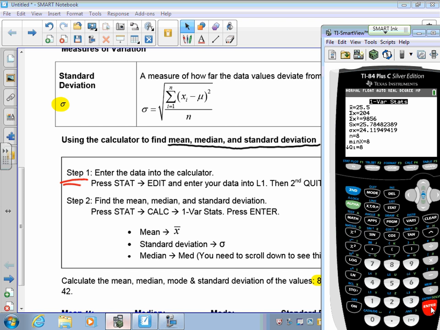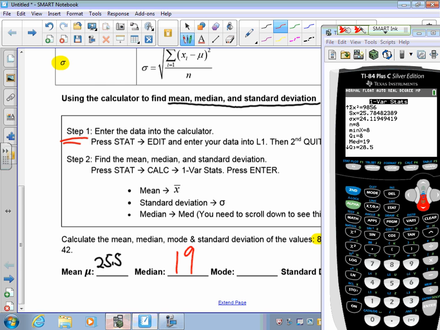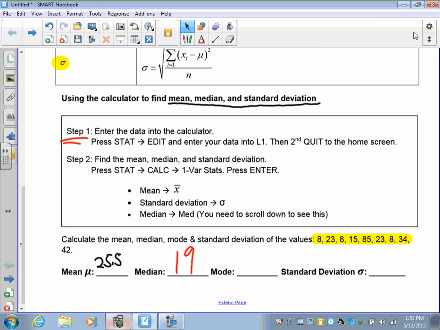And for my mean, I have it as 25.5. My median is going to be my middle number, and according to the directions, I have to scroll down. It's actually going to say MED. So my median is going to be 19. And my mode is what number appears the most, with the most frequency.